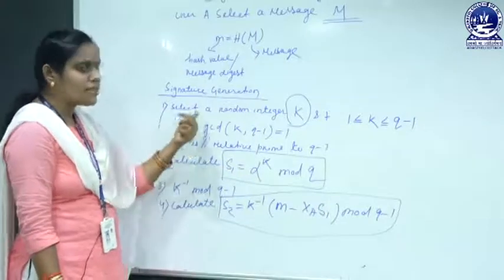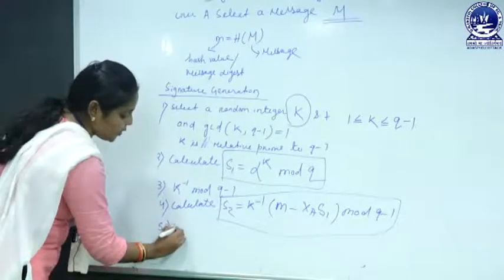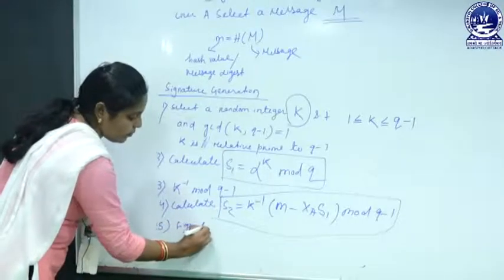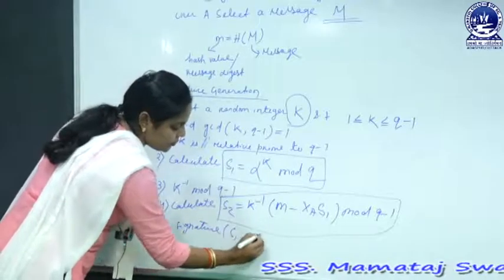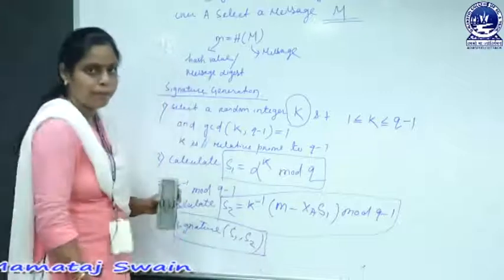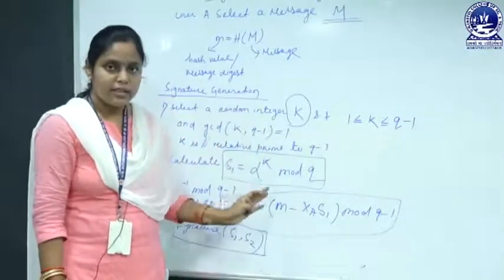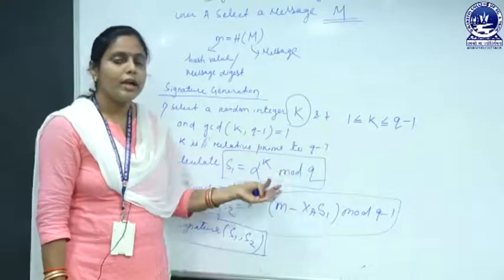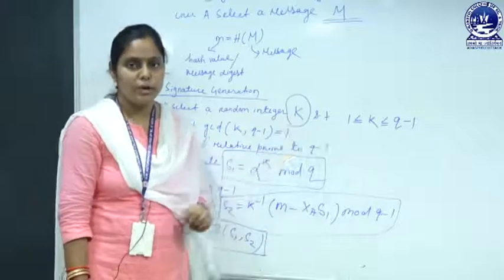That means in this algorithm, the signature is the value of S1 and S2. This is the signature for the user A, which means after generating this signature, the user A transmits the message with the signature to the receiver B.